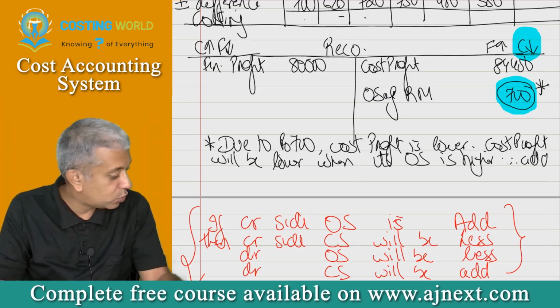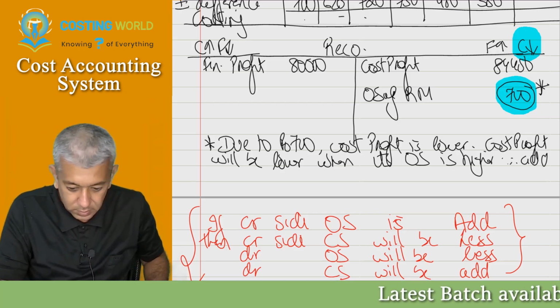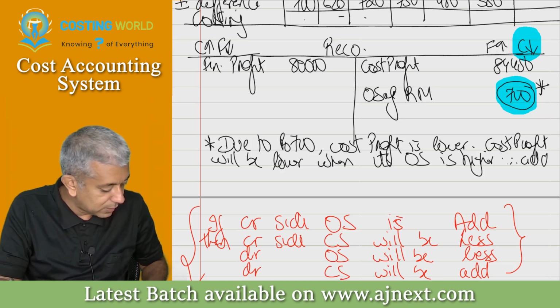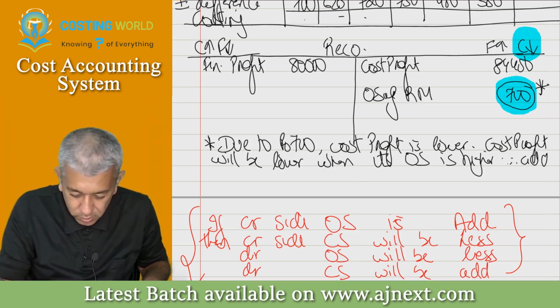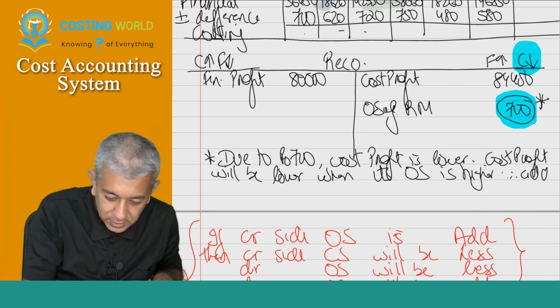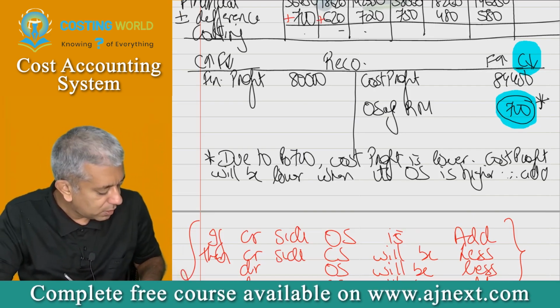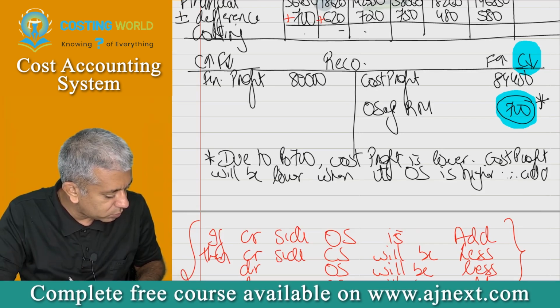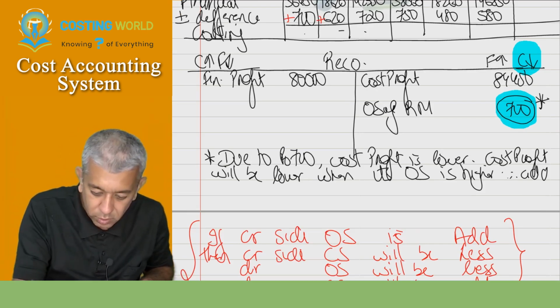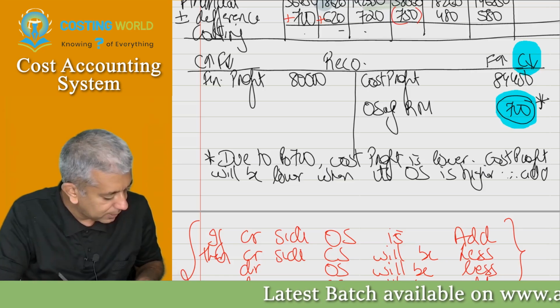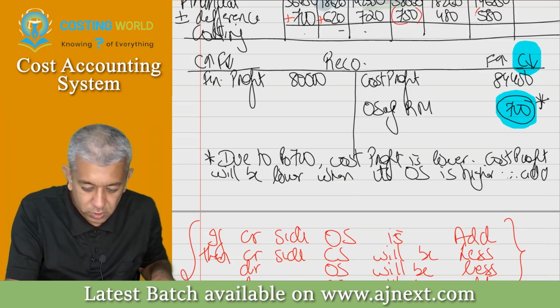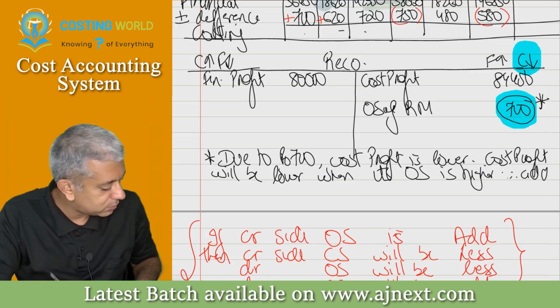So 620 appears on which side, beta? Credit side, it's opening stock. So even this particular figure will be add. These two are add. If on credit side there is closing stock, it will be less. So it's closing stock of raw material which is less. It is closing stock of finished goods which is less.